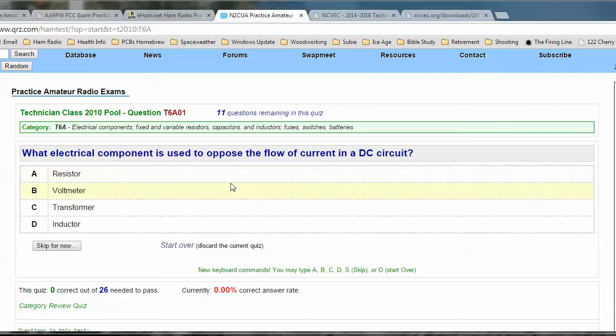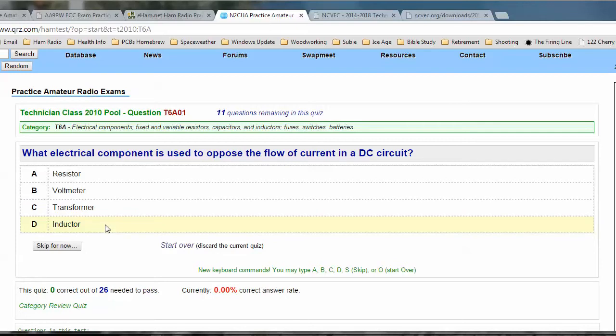Which electrical component is used to oppose the flow of current in a DC circuit? Well, it's not a voltmeter. Transformers do not transform DC. Pulsating DC, yes, but straight DC, they do not.